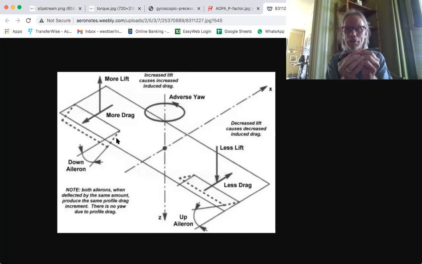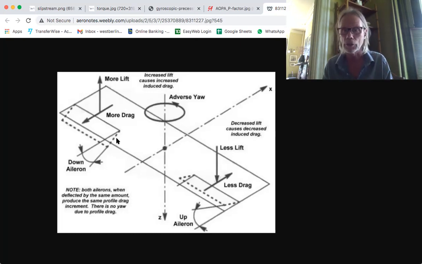When you're turning right, you're increasing the left-hand wing angle of attack and lifting capability, and you have now induced drag and adverse yaw trying to pull it back. Well, that means that you need to also use right rudder to keep the aircraft in a coordinated turn while the ailerons are deflected. Once you've neutralized the ailerons, in other words, you set your bank, you don't need that rudder input anymore because there's no adverse yaw created by one wing lifting more than the other.